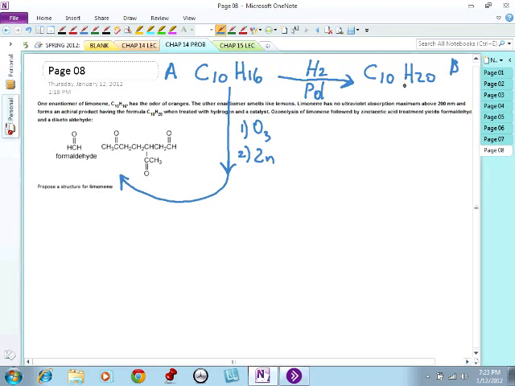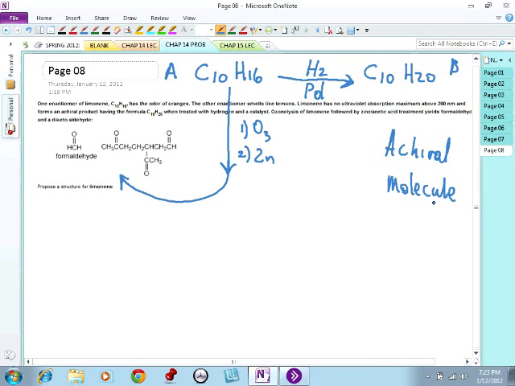Now it also tells you that molecule B is an achiral molecule. When we say achiral molecule, what does that mean? It is optically inactive, right? In other words, this molecule will superimpose on its mirror image. Very good.